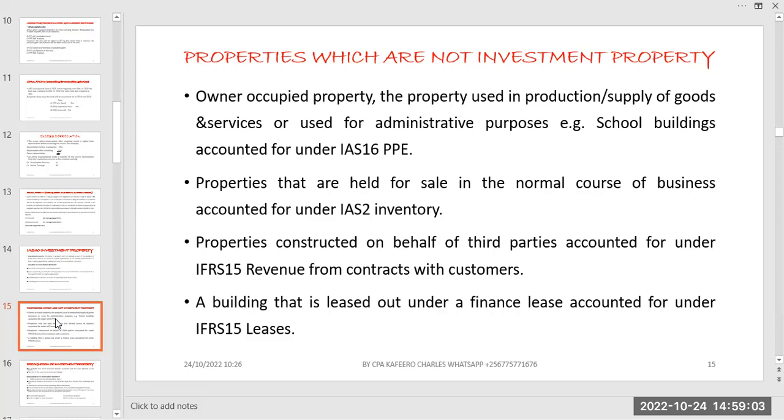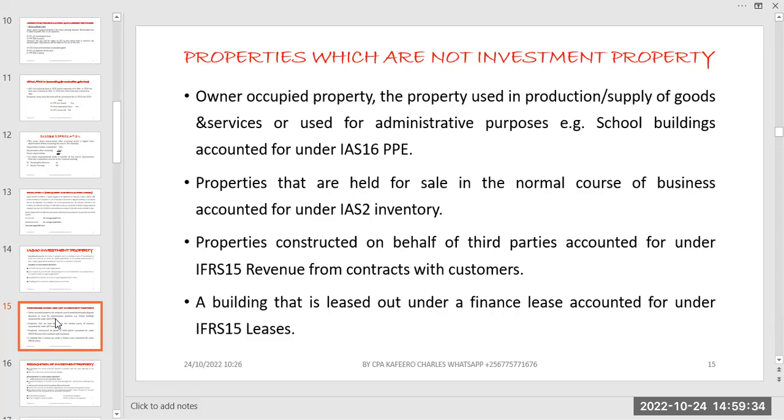And we account for those ones under IFRS 15, that is revenue from contracts with customers. Properties constructed on behalf of third parties. It's like I've given an example. You're a construction company and you're constructing houses or different buildings for the customer.